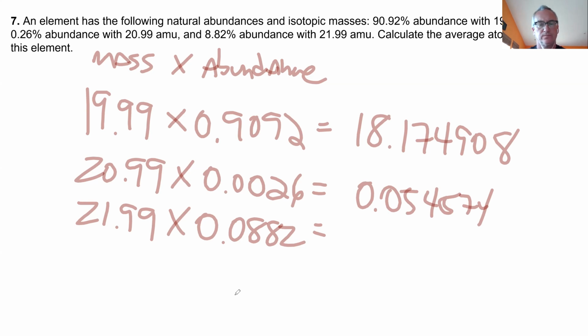And the third one, times 0.0882, is 1.939518.